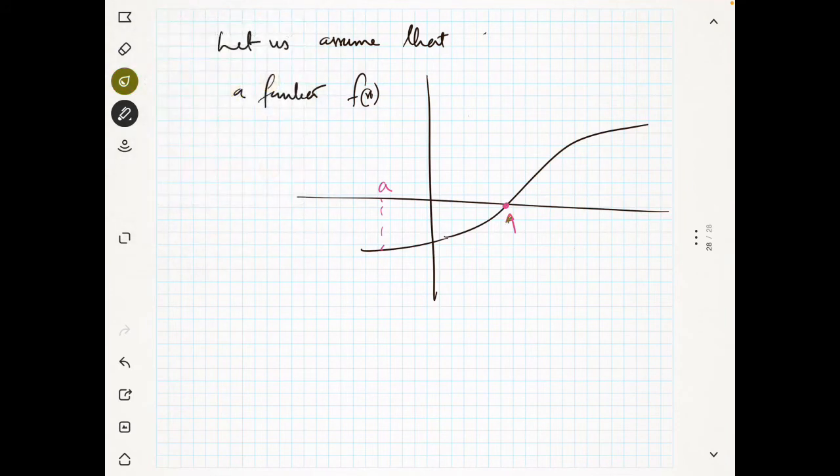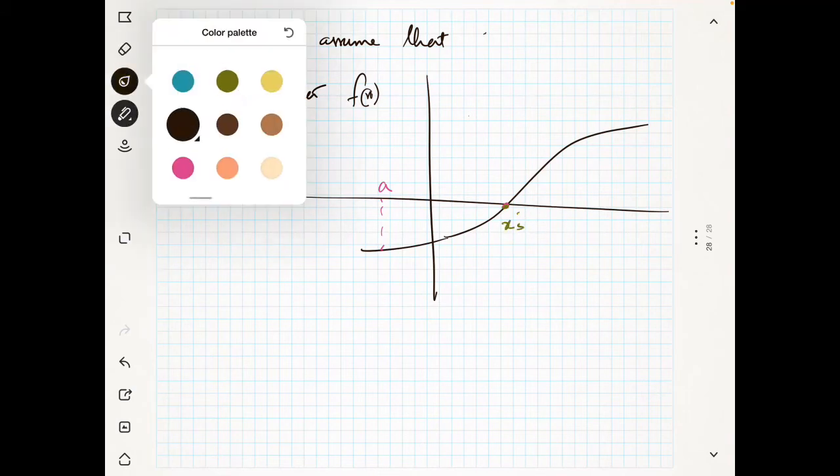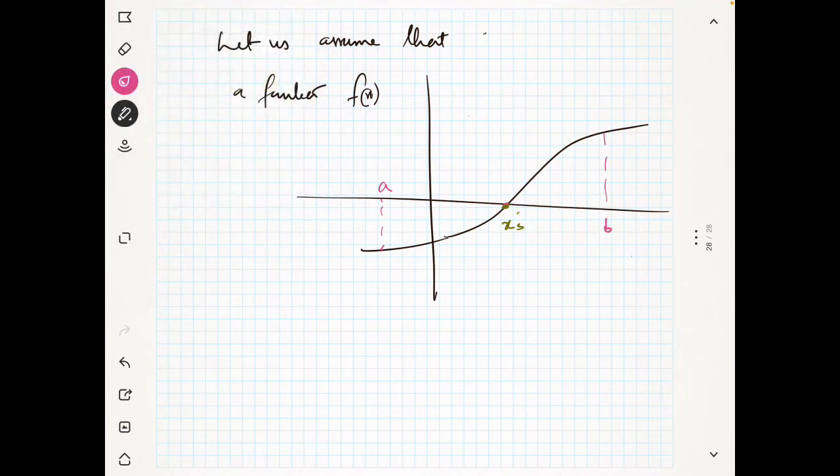I need to find this, the actual solution. I can say this is the actual solution. Okay, I am not going to write it here now. So this is my actual solution. I need to find it anyway. Now I assume that I have some A and B. You see, I have now f of A which is less than 0. Now f of B, suppose this is positive axis and this is negative axis, f of B is less than 0, this is f of x.